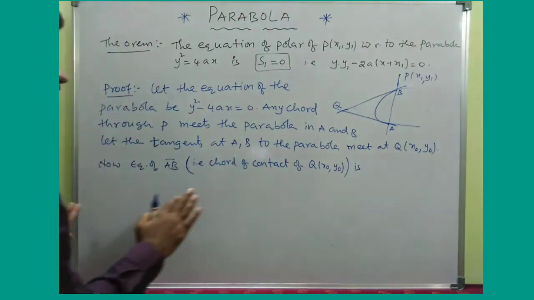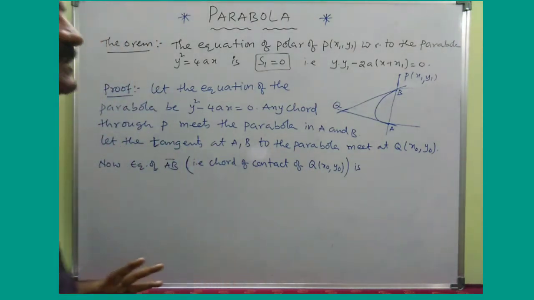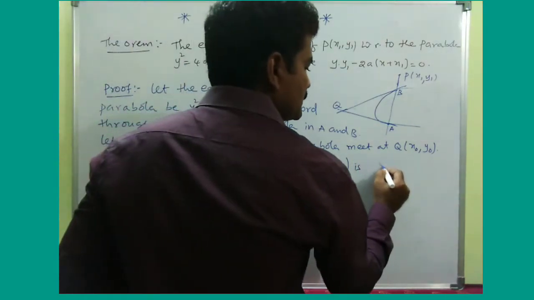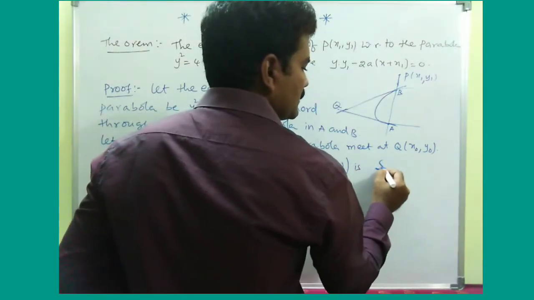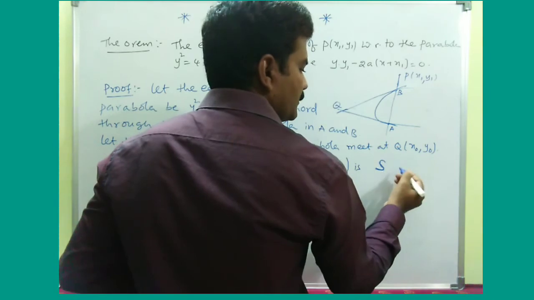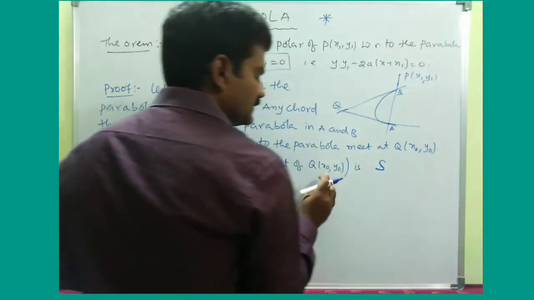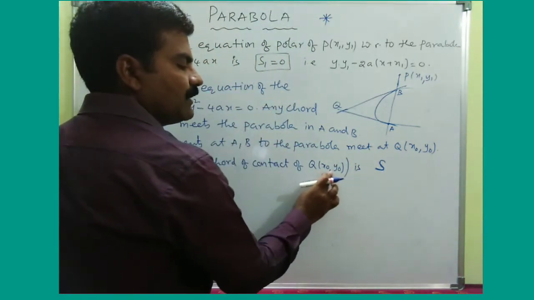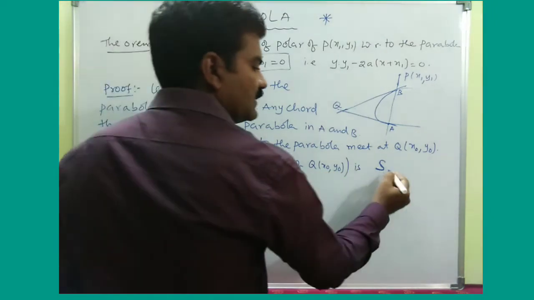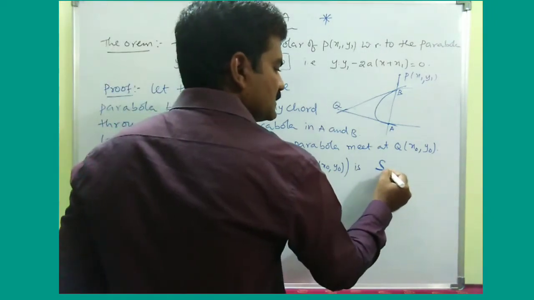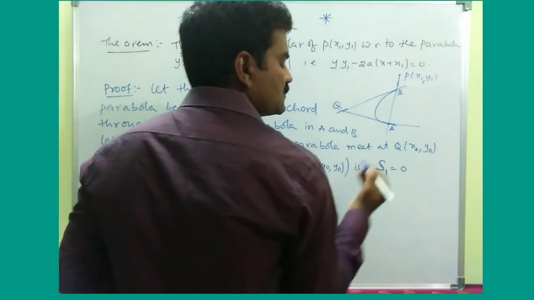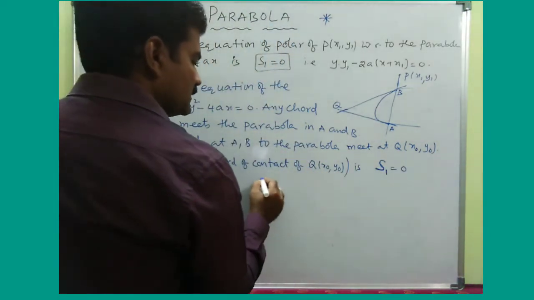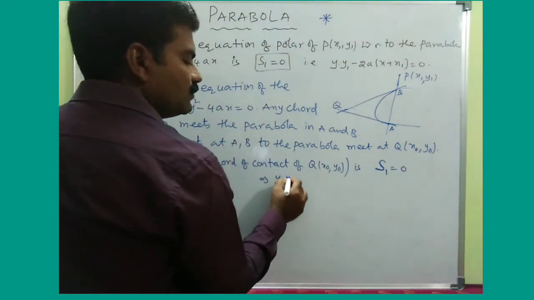So actually the equation of chord of contact is nothing but S1 is equal to 0. But here the point is not x1, y1. Please do not forget that. Let us first write S1 is equal to 0, that is y into y1.